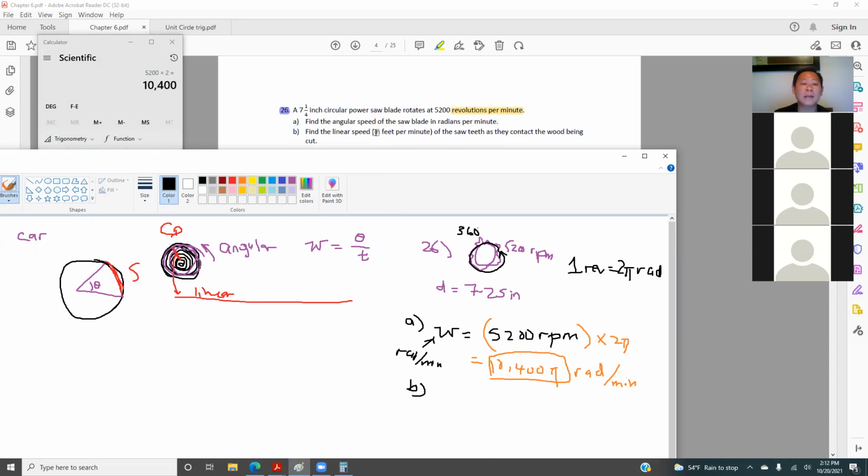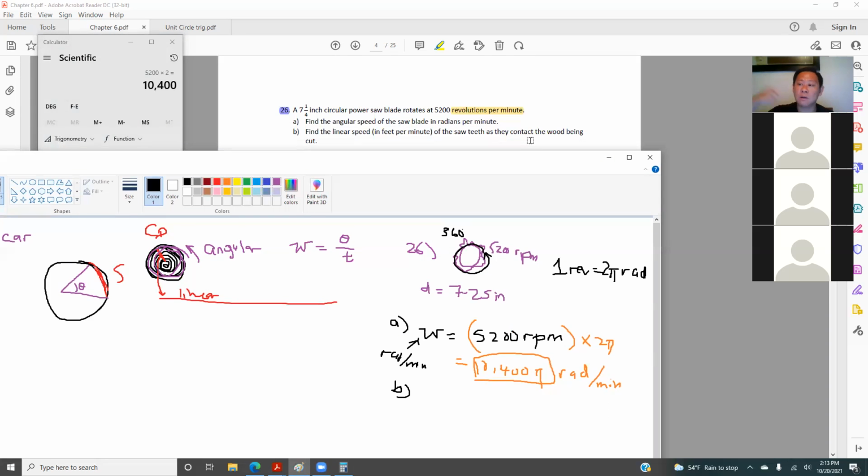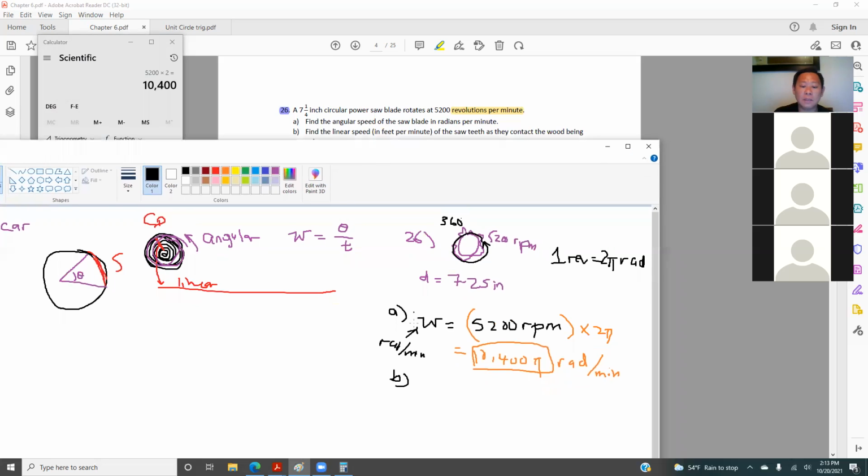Question B is asking us to find the linear speed when the saw teeth contact the wood. When the saw is moving and makes contact with the wood, that contact is actually linear. So in order to find the linear speed, we will use the formula V equals R times omega.